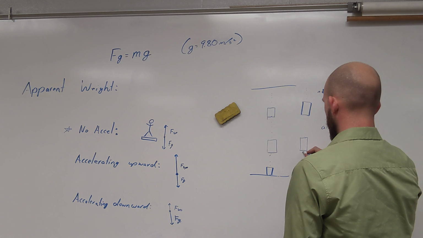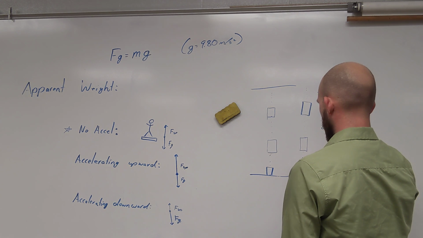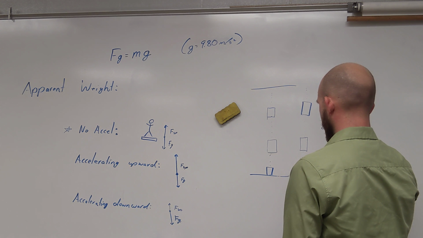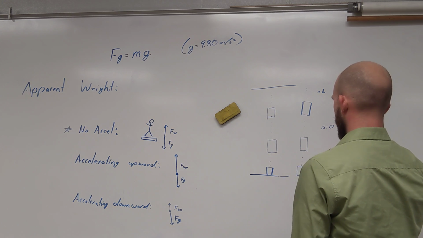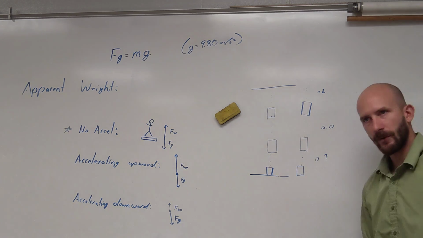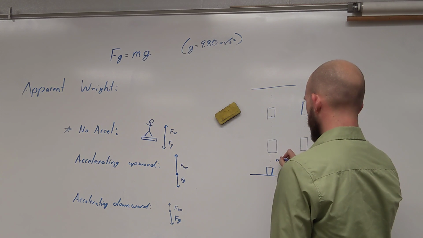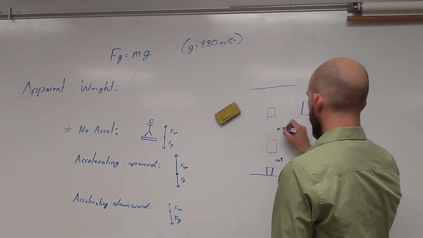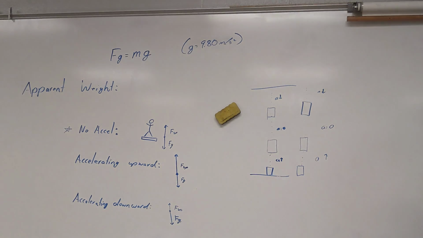And then it begins slowing down again. So the acceleration is upward. Makes sense? And these two things kind of mirror each other. So here the acceleration is upward, 0, like so.